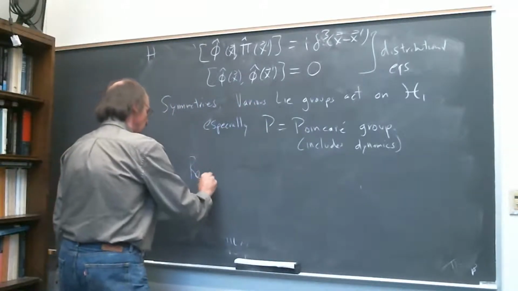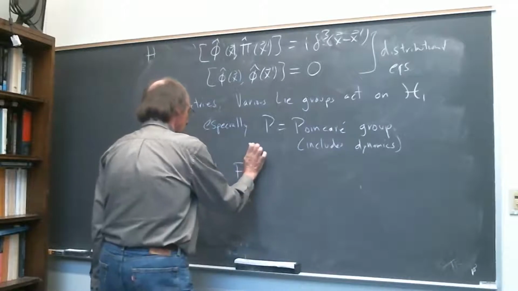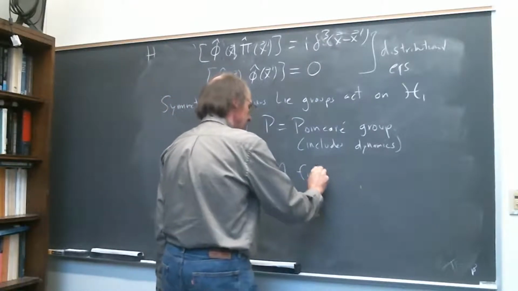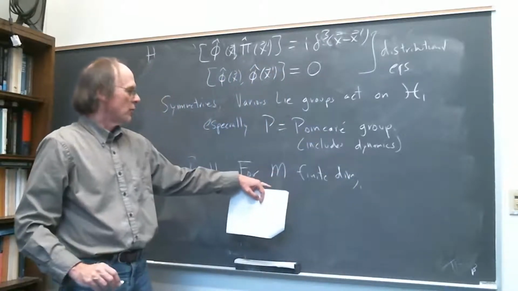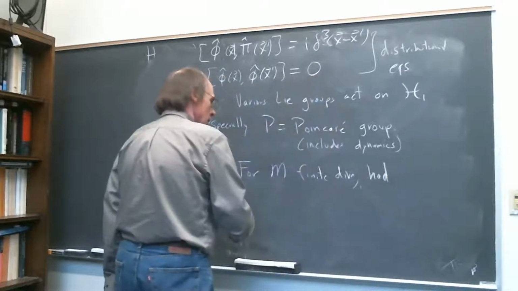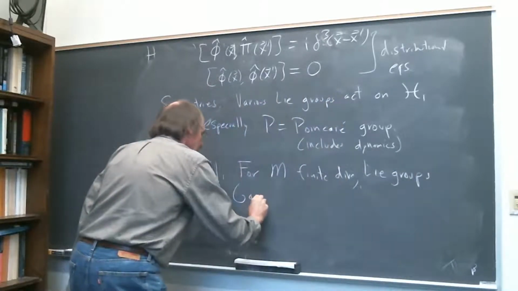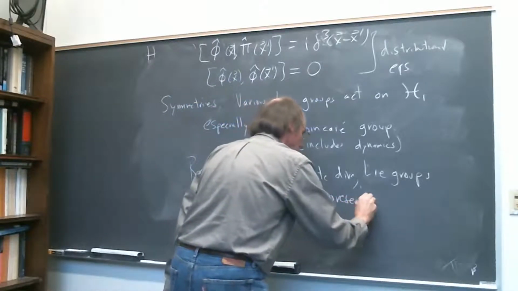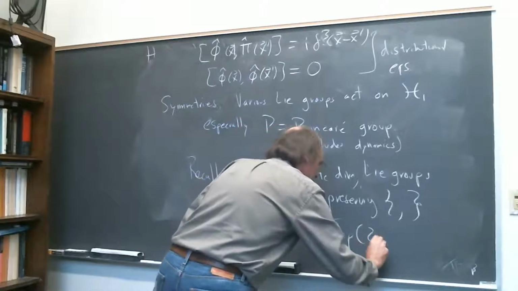So recall, in the finite dimensional case, for M finite dimensional, Lie groups G acted on M, preserving the Poisson bracket, and so G was a subset of Sp(2d).